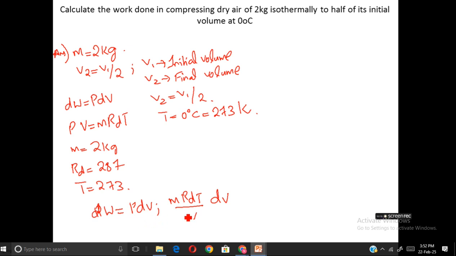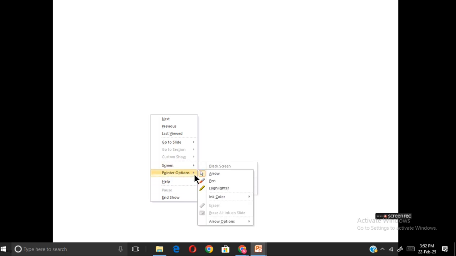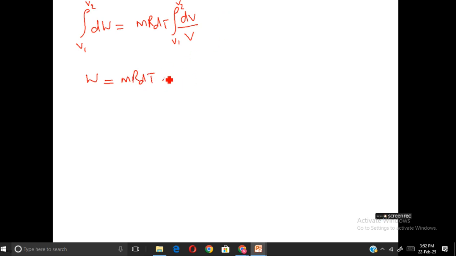We want to calculate the work done, so W, the integral from V1 to V2 of dW, is equal to mRT into the integral from V1 to V2 of dV by V. So this W will be mRT, and the integral of dV by V will be log of V2 by V1.